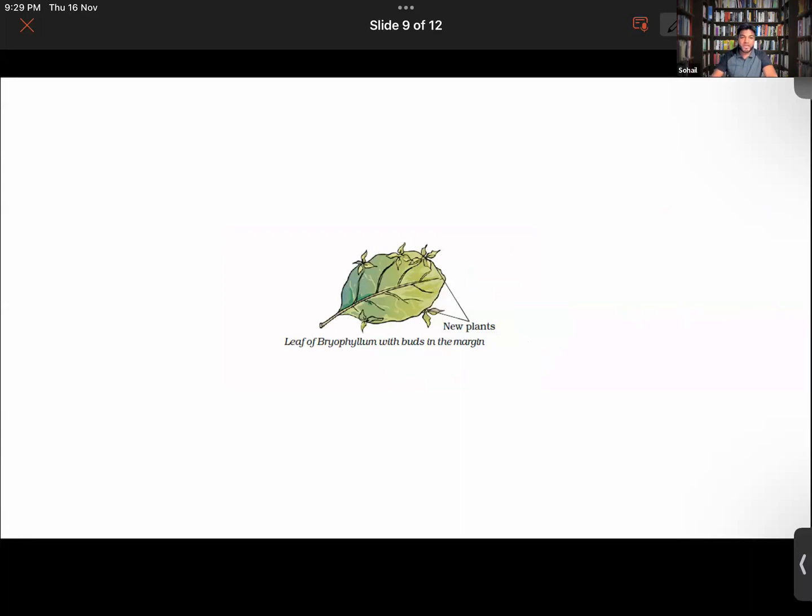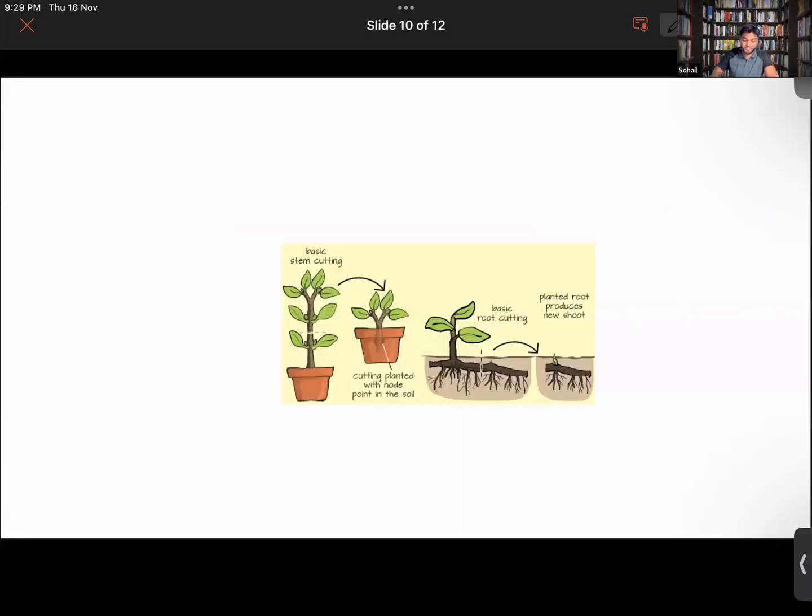And I can grow new crops by grafting as well, or simply cutting, where I cut a plant, then plant the cut portion in a pot, and thereby it will develop into a new plant.